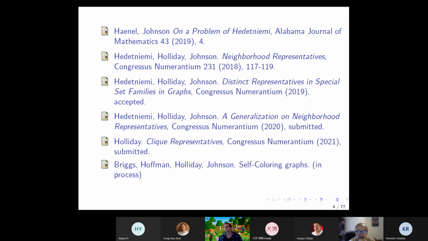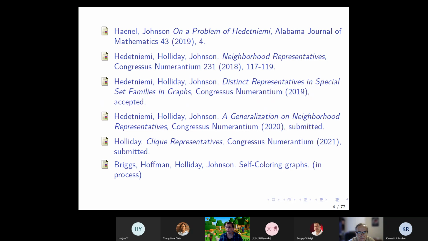And I've listed all these as congressuses because they're all just BOCA proceedings, because we're still circling where we're going to end up with this. But we're starting to see some overall trends. So the first congressus is the open neighborhood problem.